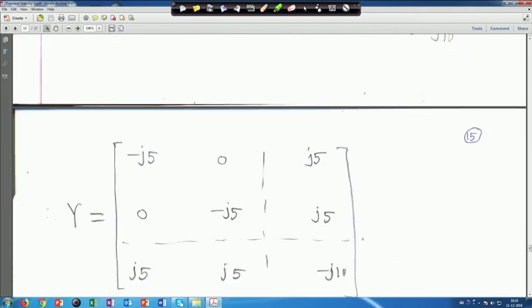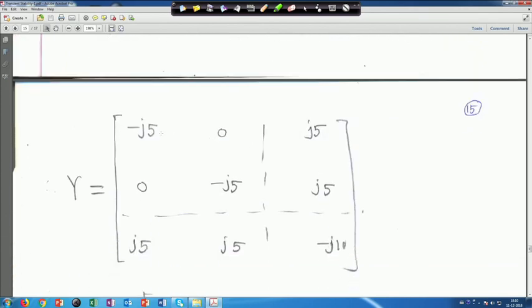Therefore, the pre-fault bus matrix is minus j5, 0, j5; 0, minus j5, j5; and j5, j5, minus j10. This is your 3 bus problem. This is 1, this is 2, this is 3. We have 3 machines, but we have to reduce that Y matrix to n into n, because n is equal to 2 here, as we have 2 machines.